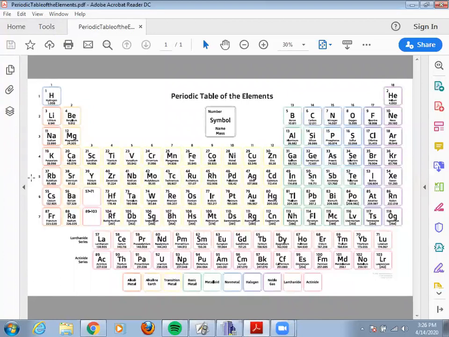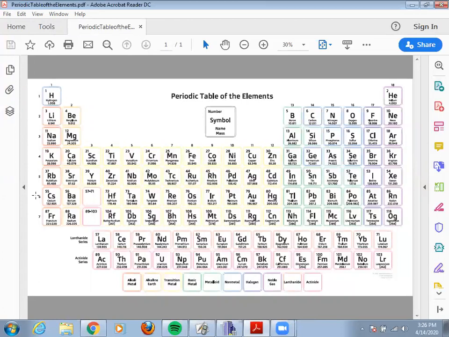So fluorine is in row 2, so it would have 2 orbits. So that's how you determine the number of orbits. So for example, tantalum, element number 73, is in period 6, so there would be 6 orbits or 6 shells that surround the nucleus.